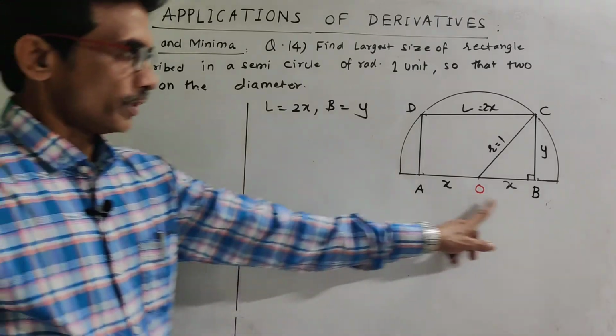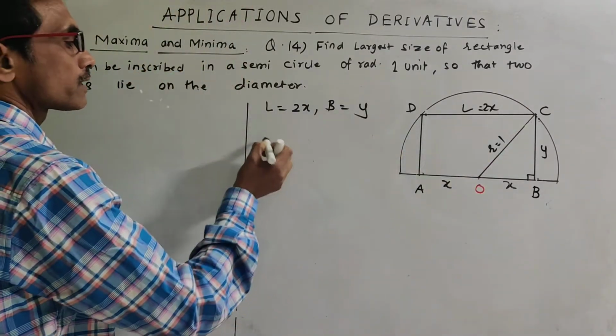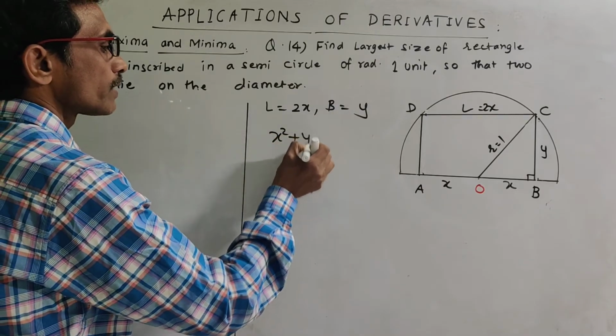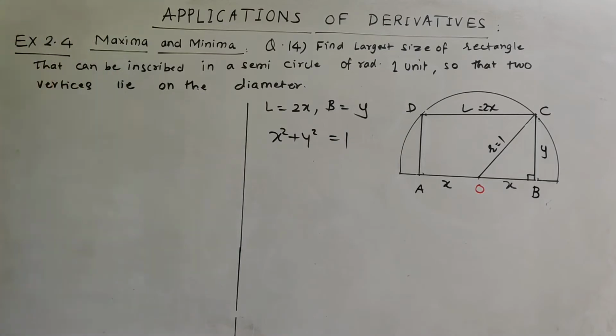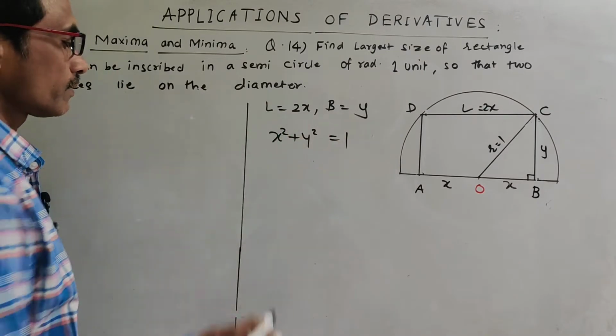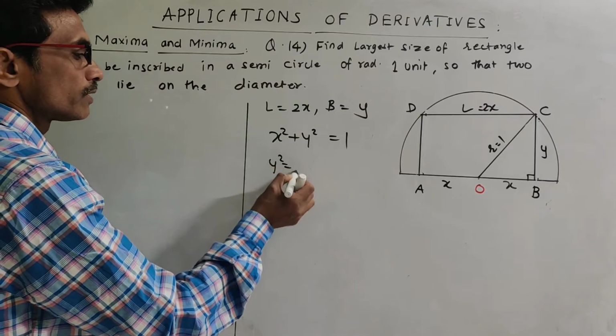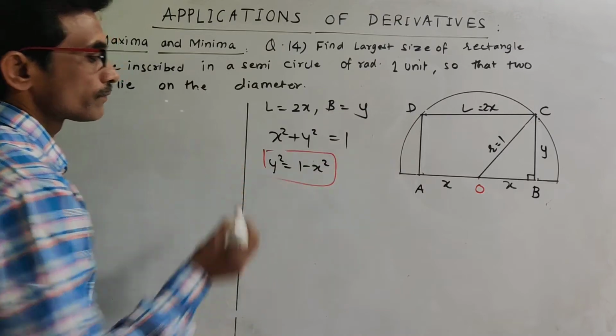So OB is equal to x. So in this right angle triangle, यहाँ पे आपको मिलेगा x square plus y square is equal to 1. This relation you are getting, so that we can write y variable in terms of x variable. So y square will be equal to 1 minus x square.